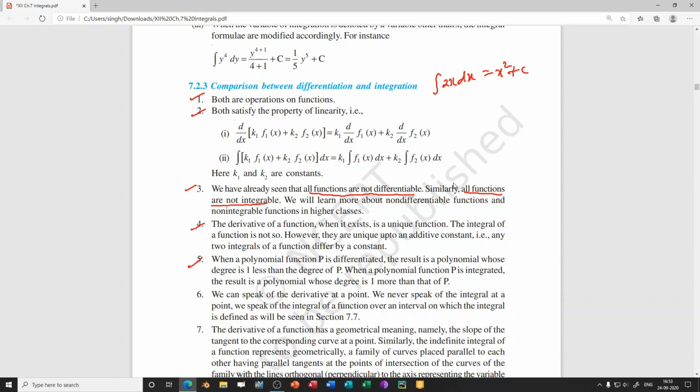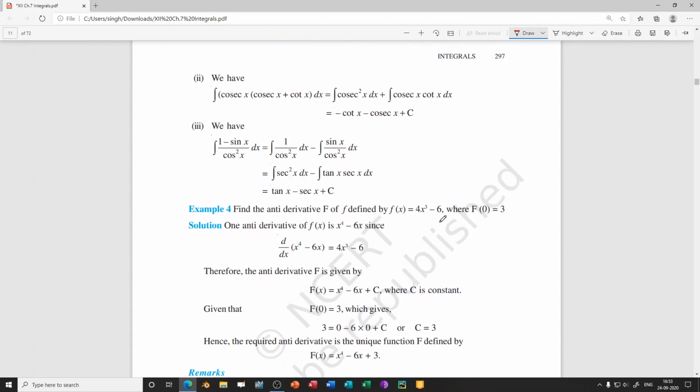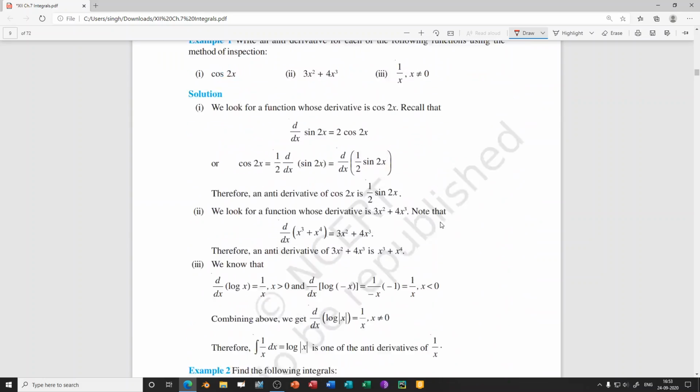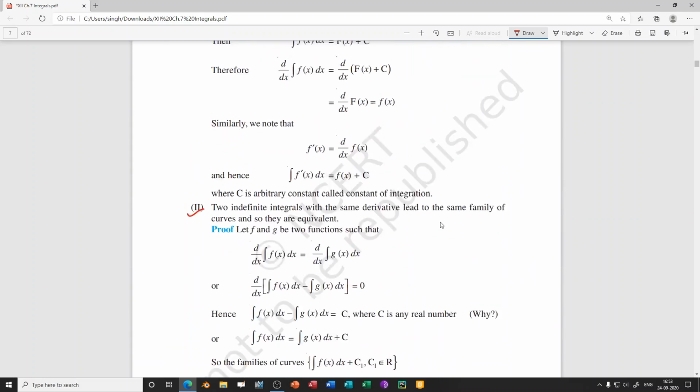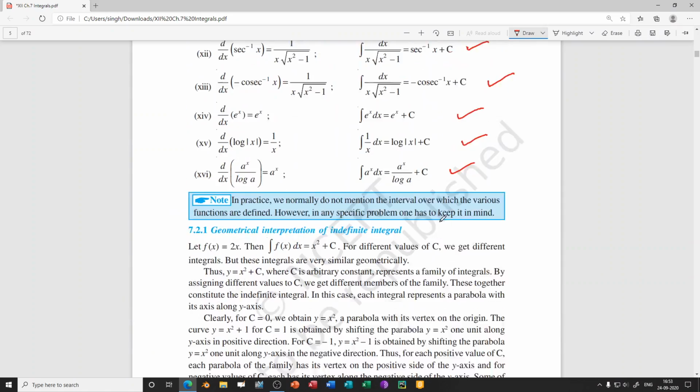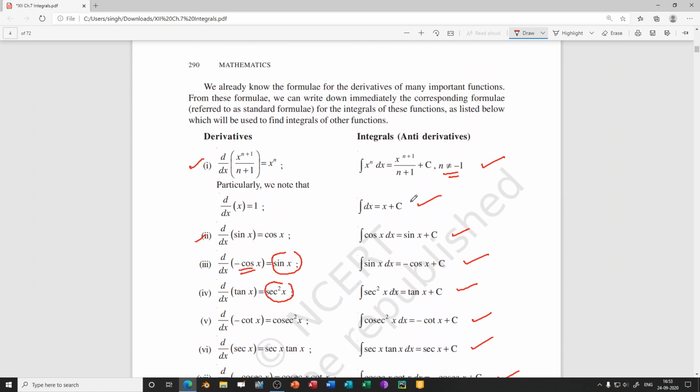Now the fifth one: when a polynomial function p is differentiated, the result is a polynomial whose degree is 1 less than the degree of p. When a polynomial function p is integrated, the result is a polynomial whose degree is 1 more than that of p. This one we have seen in the formula itself. Here we have the formula of integration of x raised to n dx.